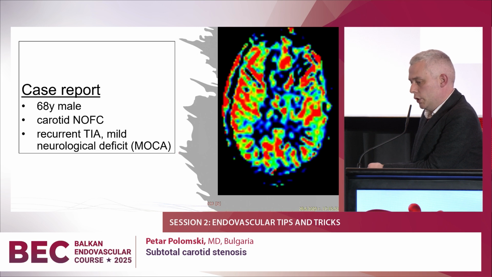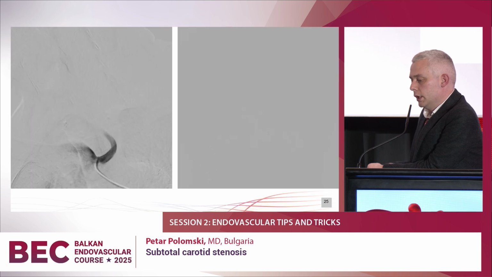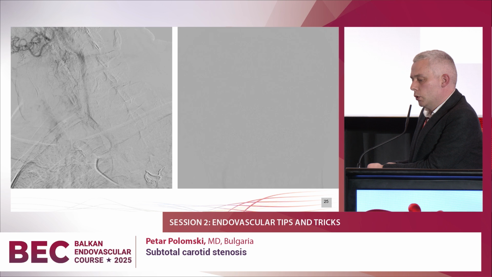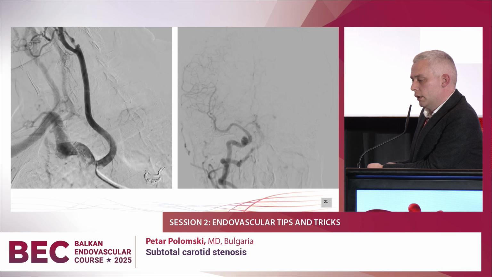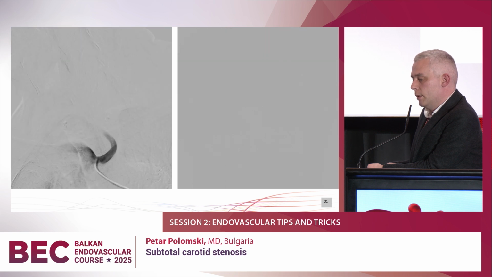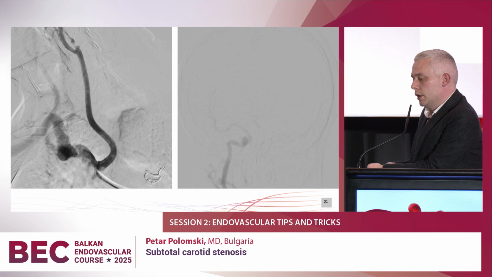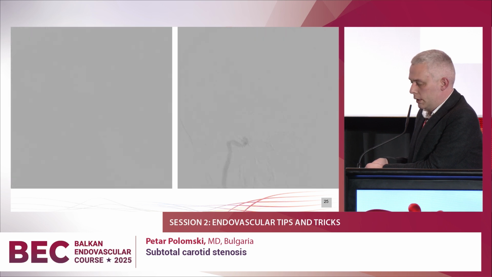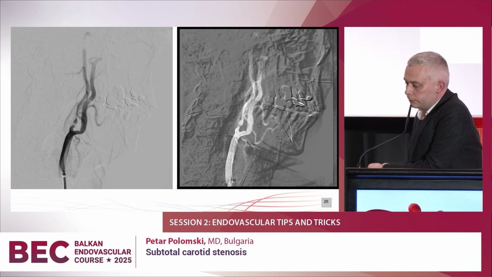And just a few slides, here is one single 68-year-old male with a recurrent TIA and MoCA deficit, with subtotal occlusion of the left carotid artery, and as you can see, a massive collateralization through the circle of Willis and also through the external carotid artery.